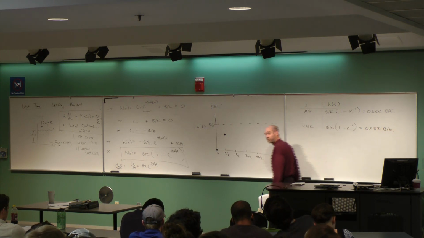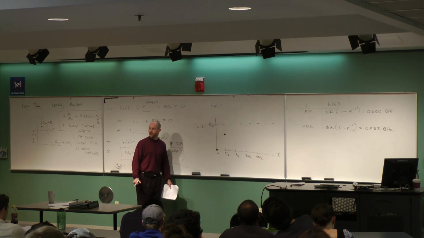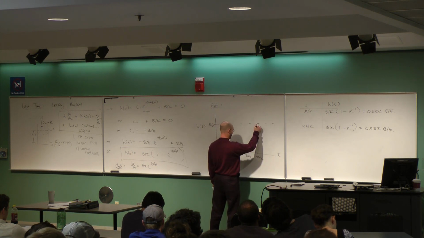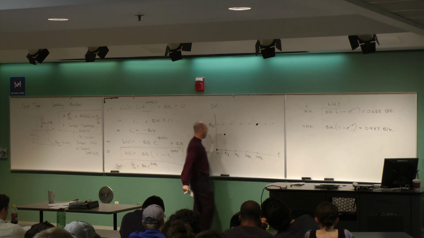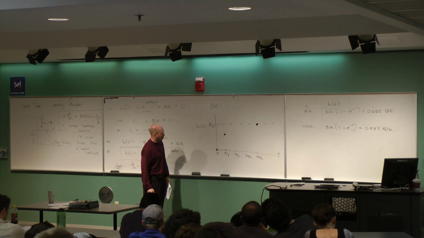So I'm 98% of the way to steady state after 4 a over k's. In this picture, you make the dot big enough, you're pretty much there.